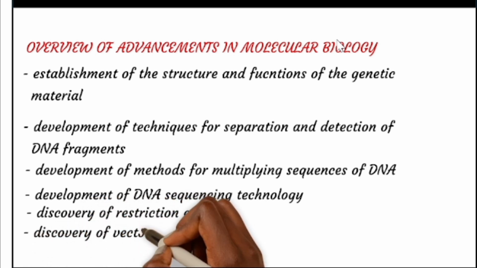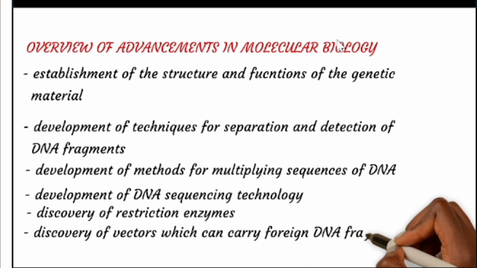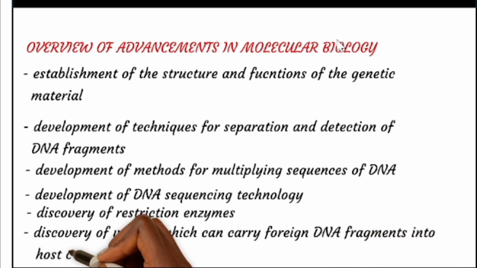We also have the discovery of vectors which can carry foreign DNA fragments or genes into host cells. So these are some of the advancements in molecular biology that have helped to shape genetic engineering, or what we call recombinant DNA technology.